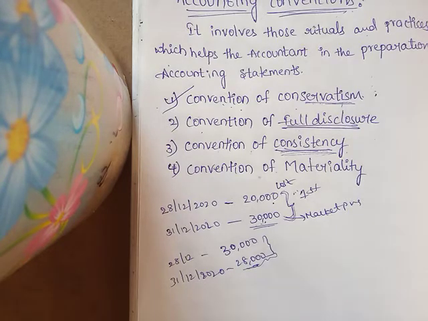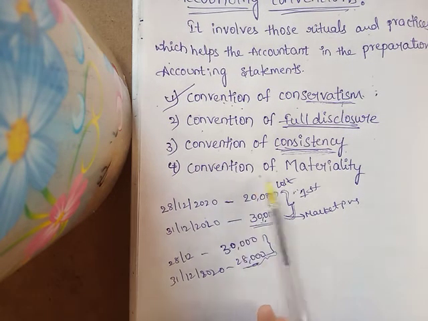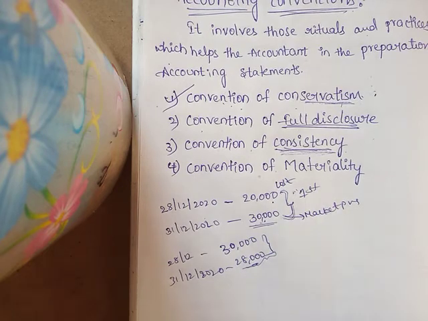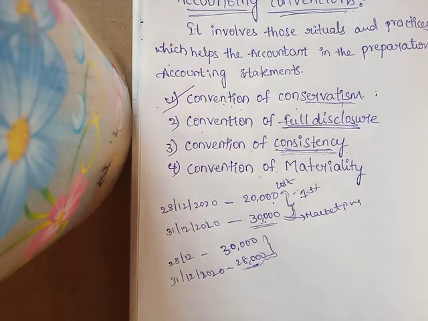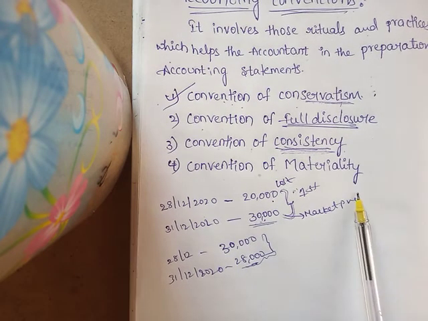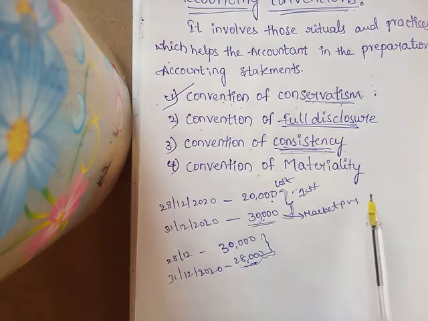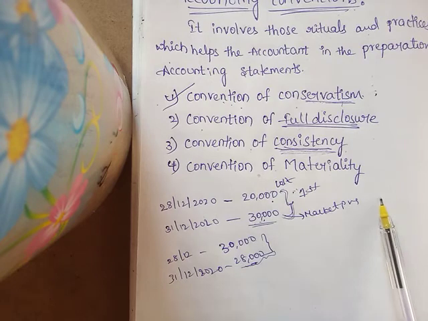Next is the convention of materiality. According to this convention, the accountants must give importance to material details.